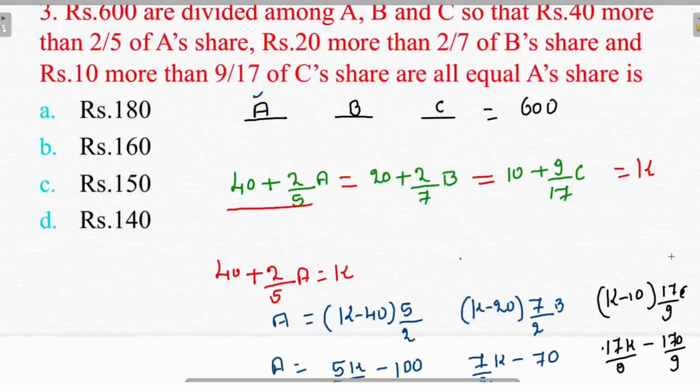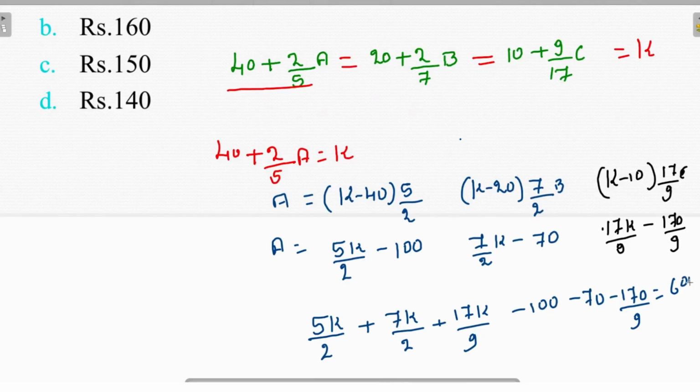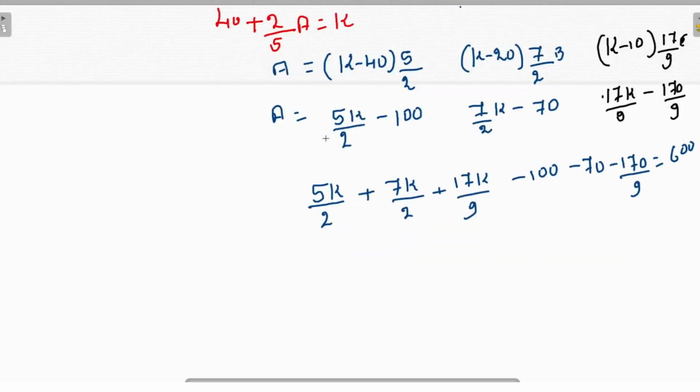How much is the value they have given? 600. See, this is much calculation we have to do, but I will tell you the second method, the best method. Now if I solve this equation, 18 is the LCM. 18 LCM means 9 5s are 45. Here I can take it common, plus here 9 7s are 63.